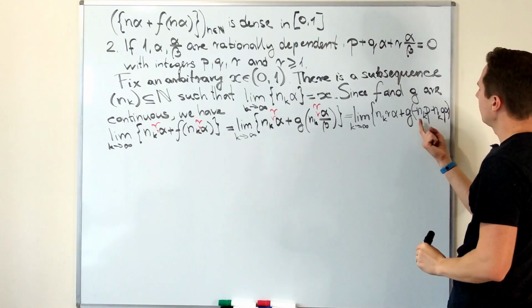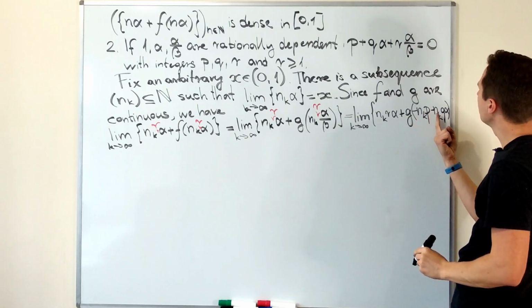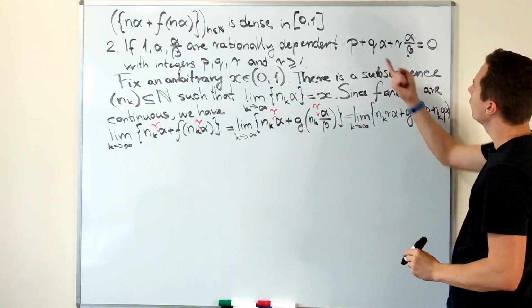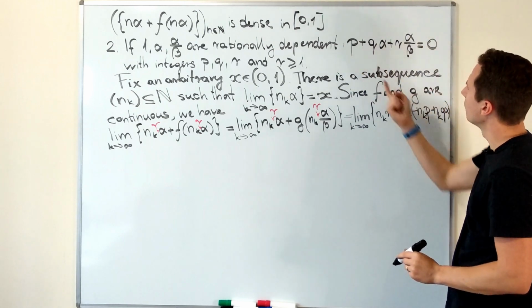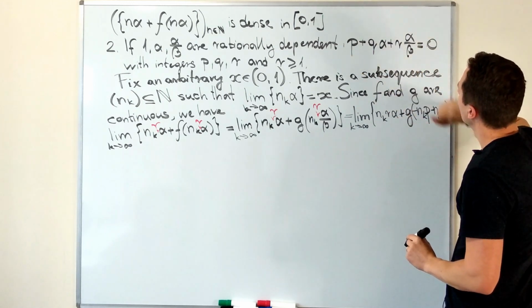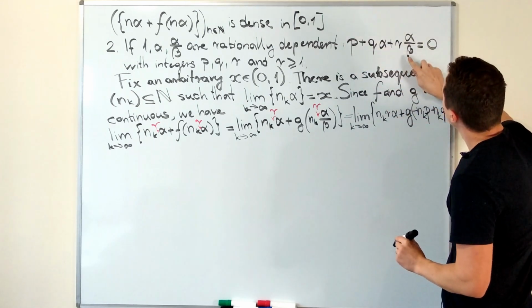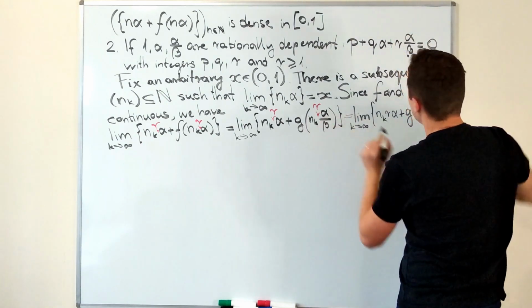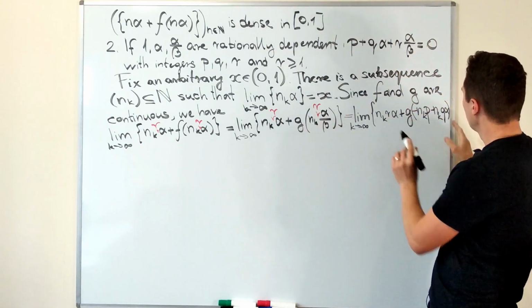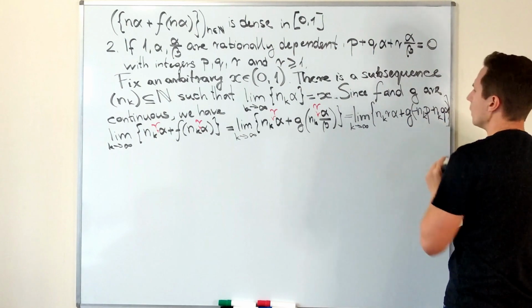Okay, so that is just minus nk times p minus nk times q times alpha, which I got from rearranging this relation and expressing r times alpha over beta. Okay, so that is still correct.